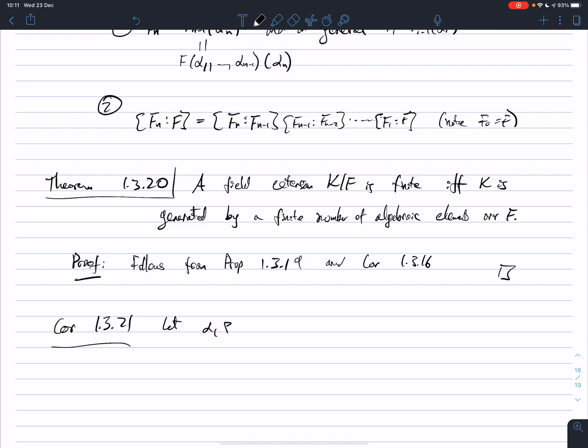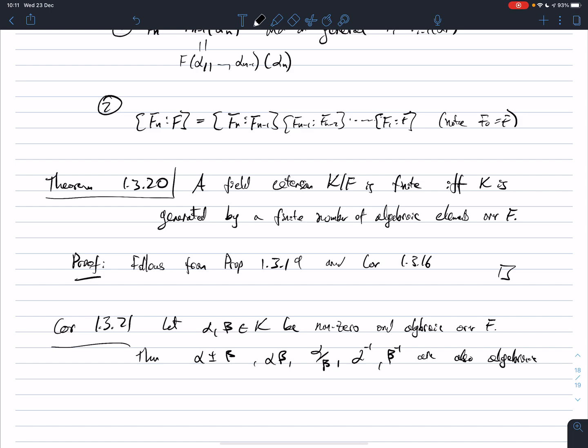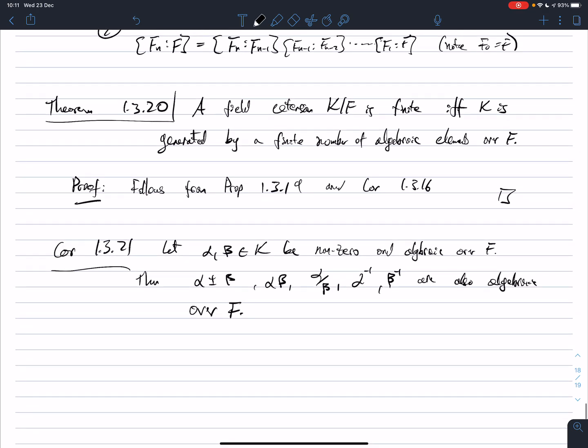If I let alpha and beta in K be non-zero and algebraic over F, then alpha plus or minus beta, alpha beta, alpha over beta, basically everything you can think of, alpha inverse, beta inverse, all of these elements are also algebraic over F. This is quite a nice result.